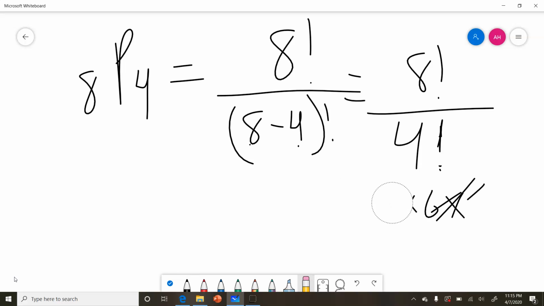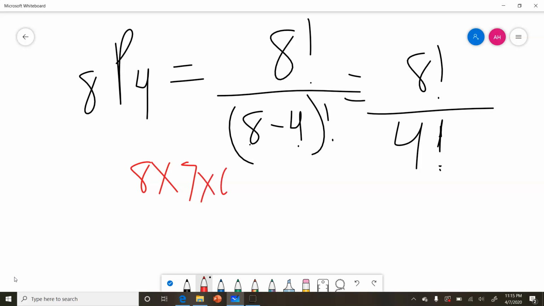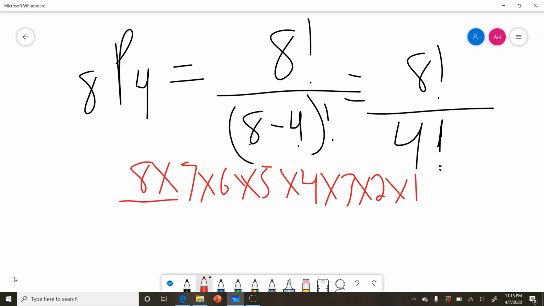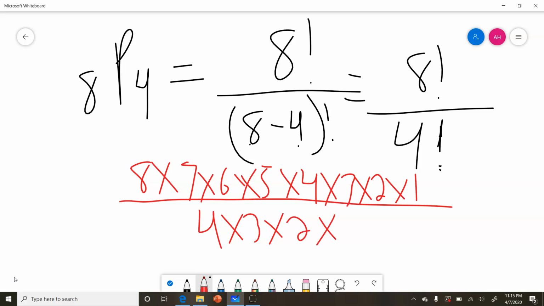So the cool way to do this is whatever number is left, you just go down to that number. I'll show you how. We'll write it out first. So 8 times 7 times 6 times 5 times 4 times 3 times 2 times 1, all of that divided by 4 times 3 times 2 times 1.